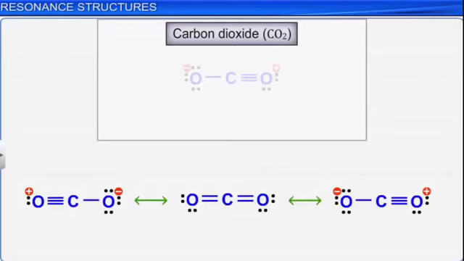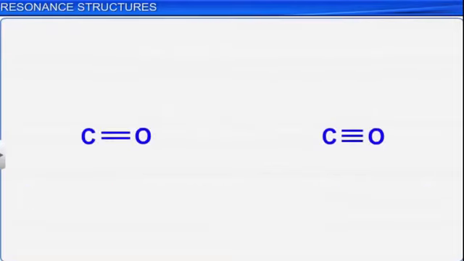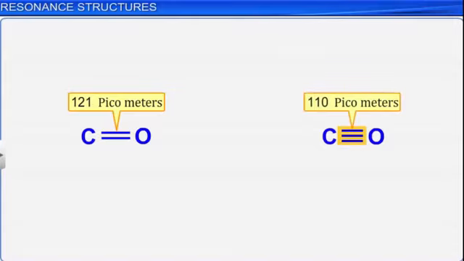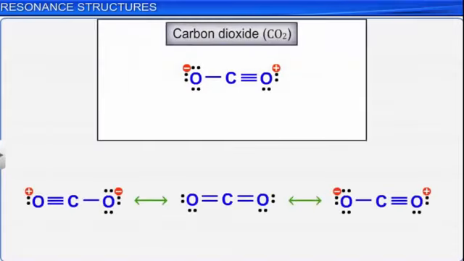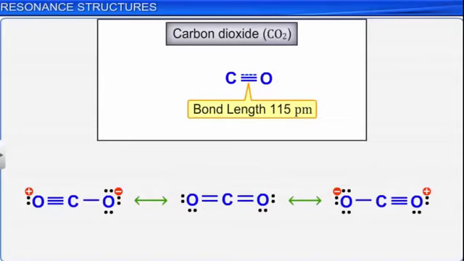The magnitude of this bond length is found to be intermediate between the bond lengths of a normal carbon to oxygen double bond, which is 121 picometers, and a carbon to oxygen triple bond, which is 110 picometers. Hence, the resonance hybrid of these structures, as shown here, explains the experimentally determined bond length.